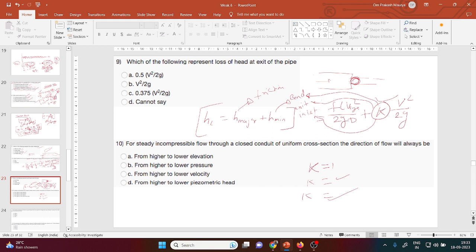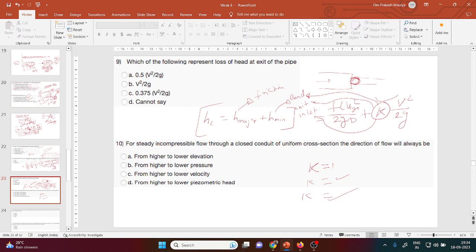So you need to go through the book, you will definitely get the K values. So the basic idea is that your friction losses are both major and minor. Generally we ignore the minor losses and concentrate on the major losses, that is the friction loss.